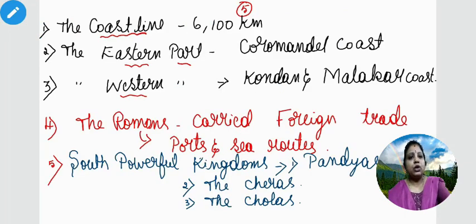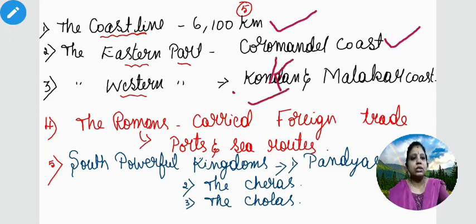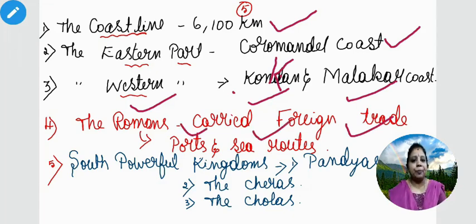Our South Indian coastline extends to 6,100 kilometers, and the eastern part is called the Coromandel coast. On the southwestern side we find the Konkan coast and the Malabar coast. Foreigners like the Romans carried on their foreign trade through these ports, and through the sea routes they entered India.